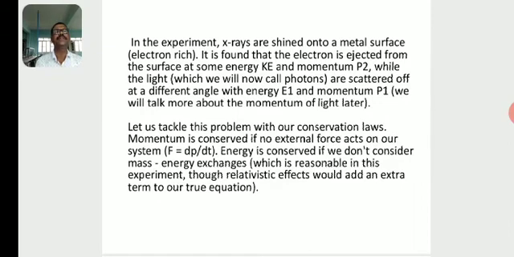Energy is conserved if we don't consider mass-energy exchanges, which is reasonable in this experiment, though relativistic effects would add an extra term to our equations.